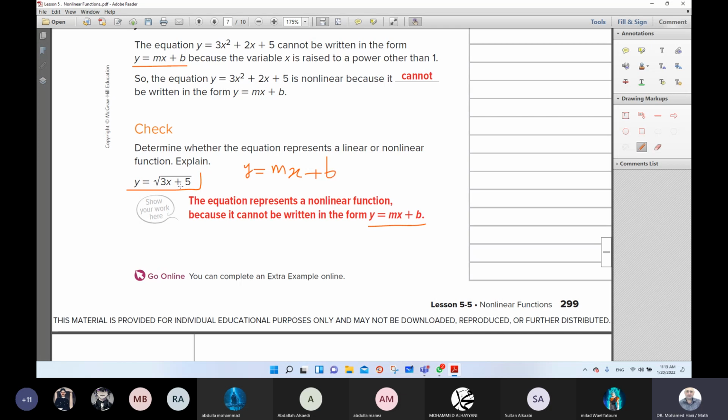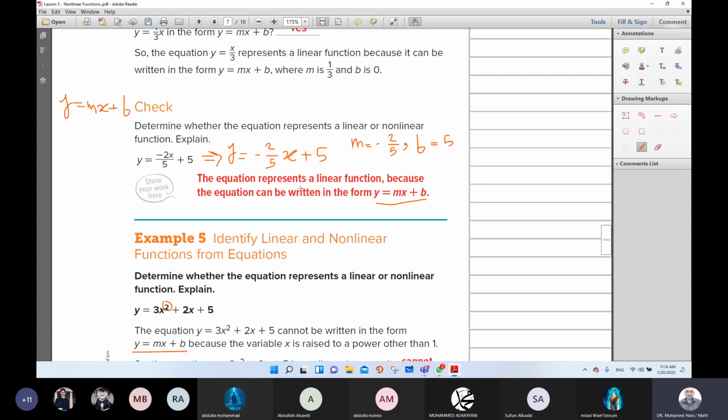We cannot write this form like this form. Why? Because here we have a square root. So this is nonlinear because we cannot write this equation as y equal mx plus b. Okay, Muhammad? If any equation has a root, we can't write it in y equal mx plus b. Yes. Root. Okay.